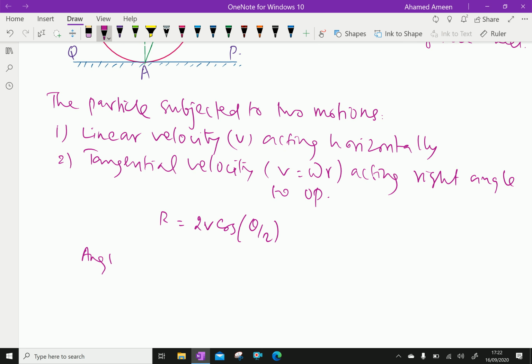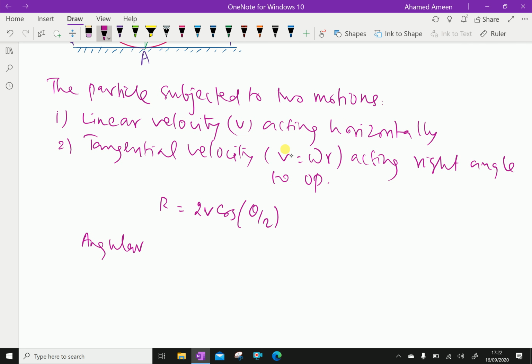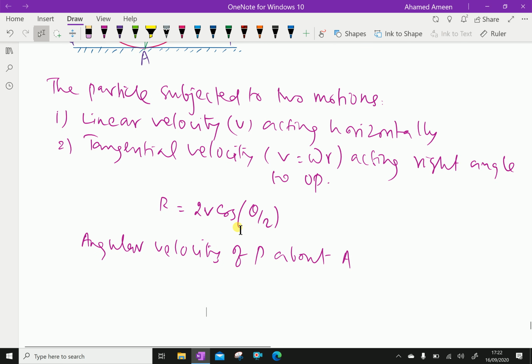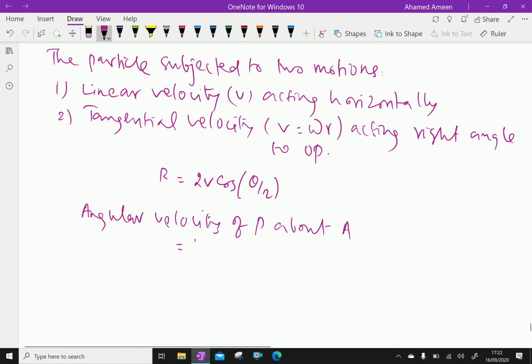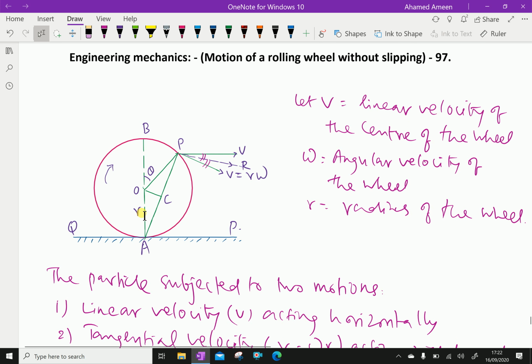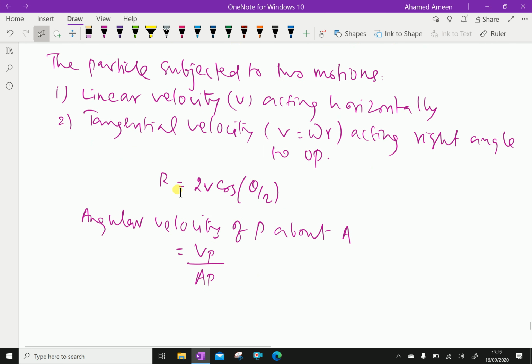Angular velocity of P about A is equal to velocity of P over AP.